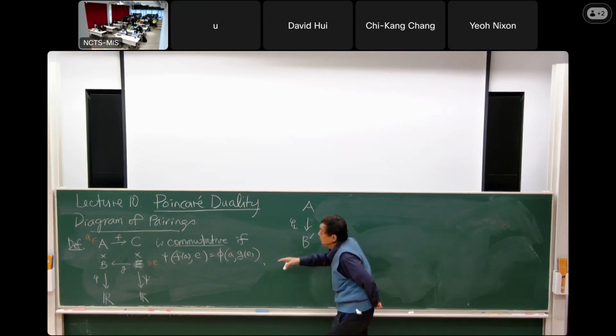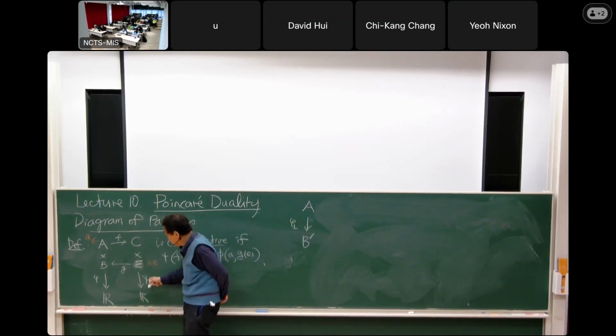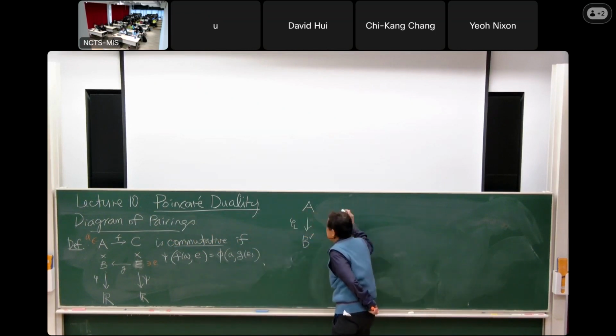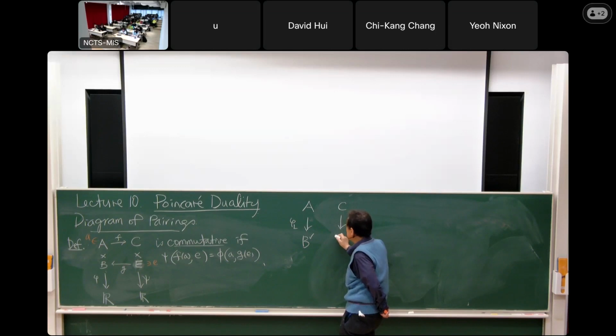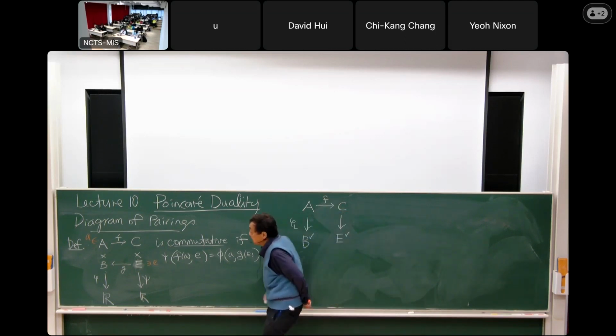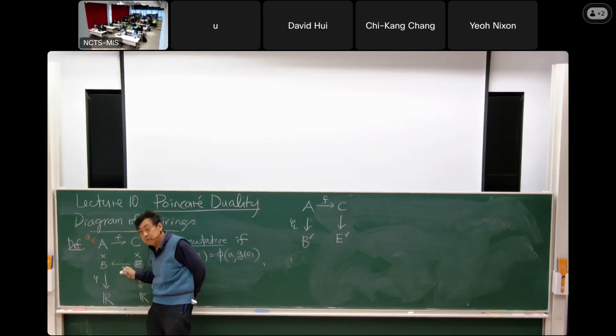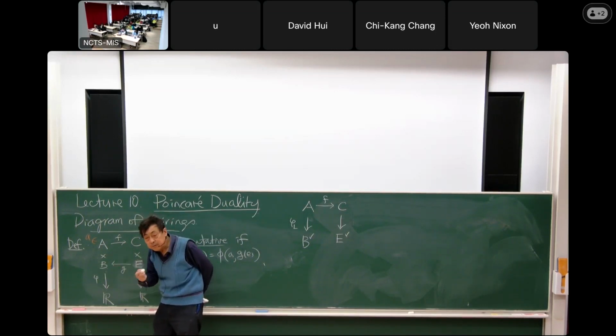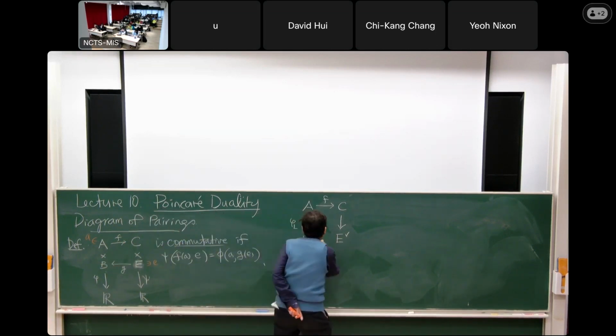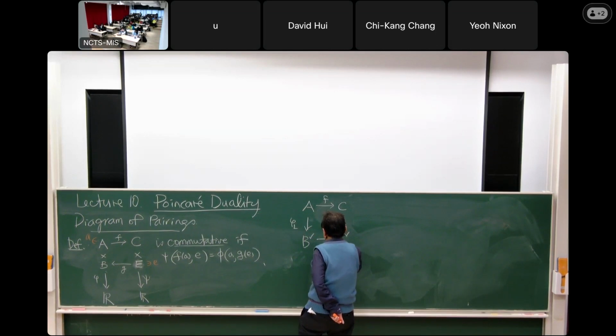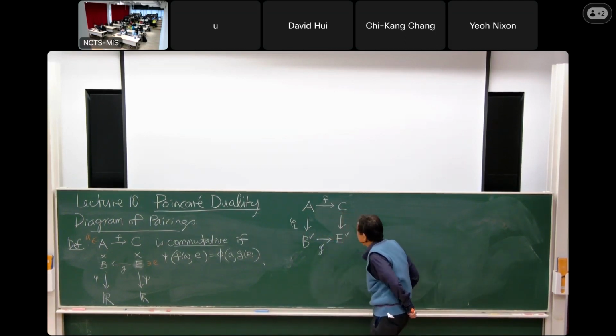And then I also have a left map here for psi, so C goes into E dual. And I have a map f from A to C. Now g is a linear map from E to B, so it induces a map on the dual going the other way. So we have a map this way that is g dual.